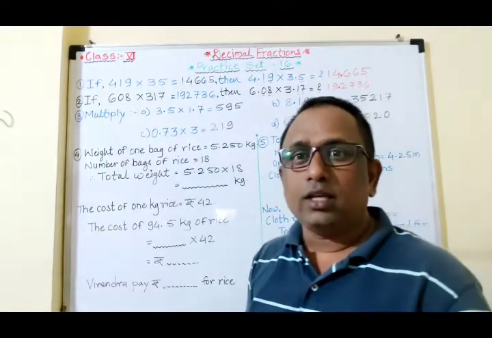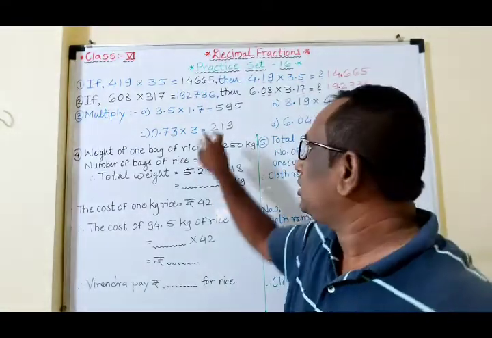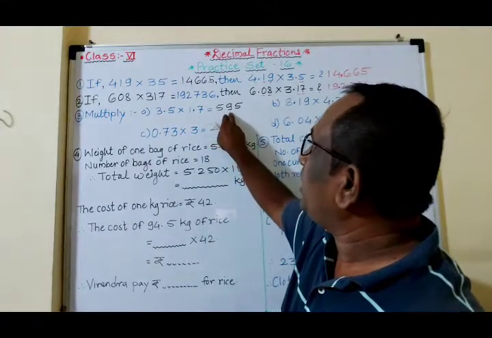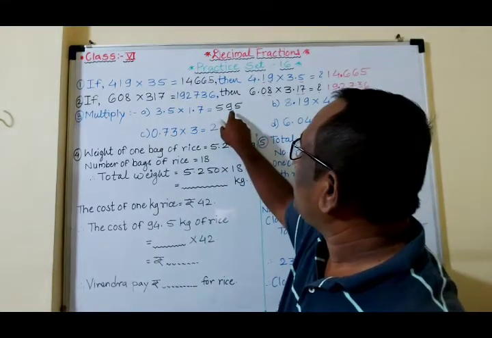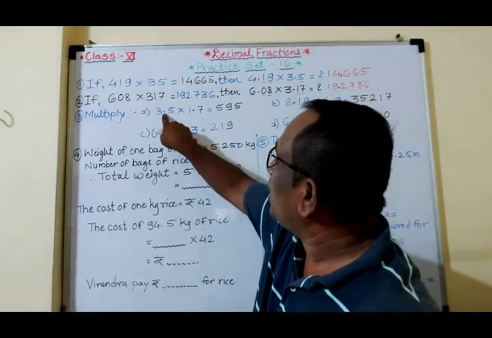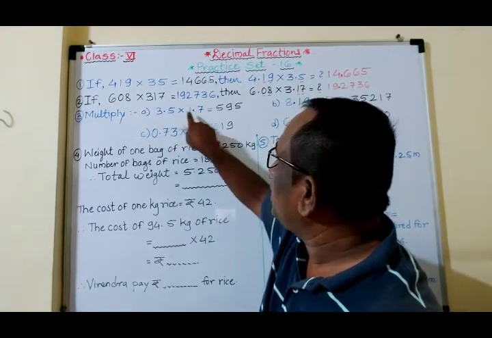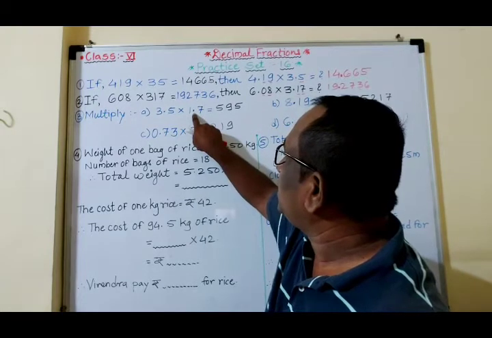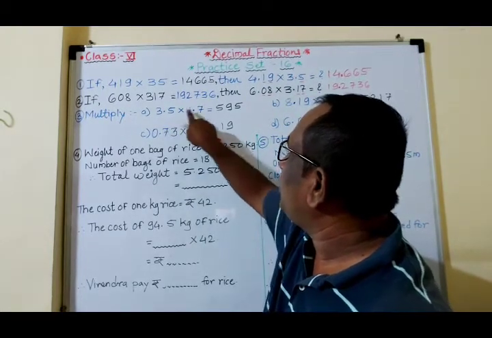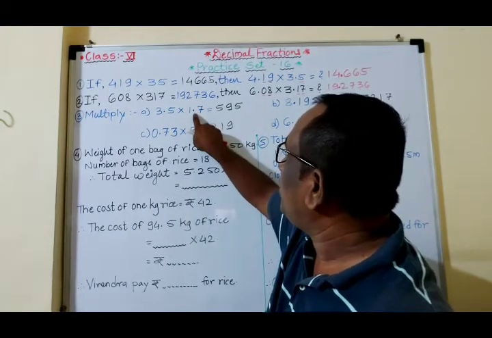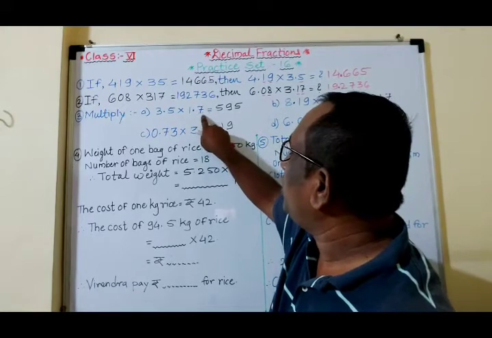Now here we have to give the decimal point, because we have to find the answer in decimal fraction. So see here, in the multiplicand after the decimal point 1 digit, and in the multiplier after the decimal point 1 place is there.